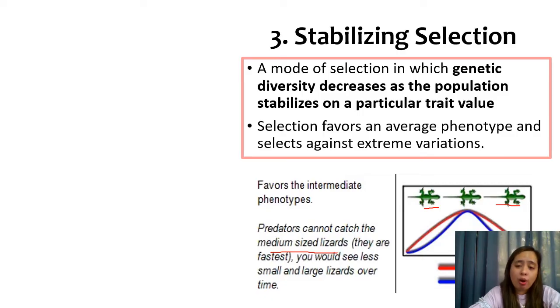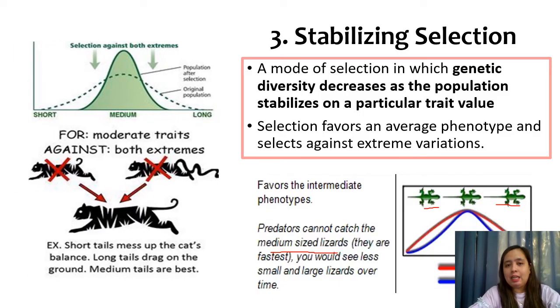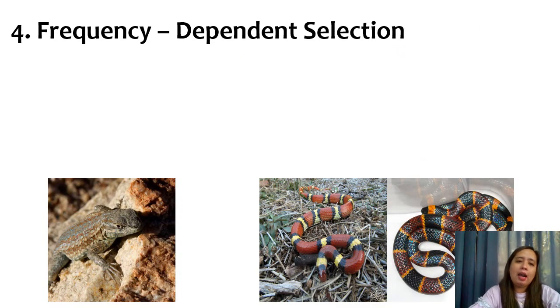Of course, if you are small, you have shorter legs, so you cannot run or outrun a predator. Unlike a very large one, the weight and length of your body will drag you down, a disadvantage compared to the middle-sized one. The same manner applies to cats.